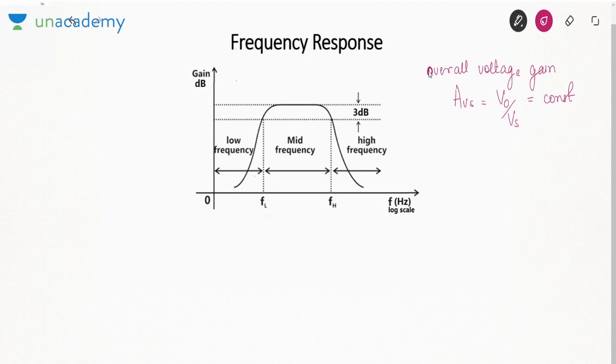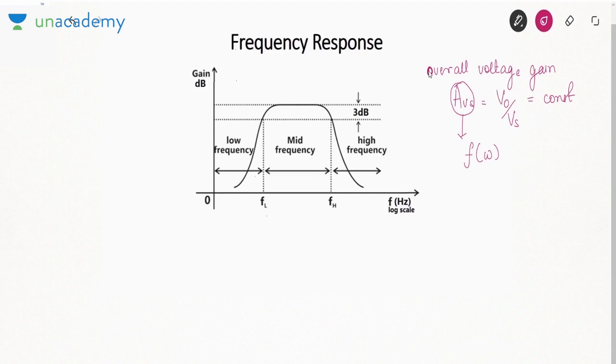But now we will see how this gain must be a function of omega, or a function of frequency. The variation of gain with the frequency of the input signal is called the frequency response.